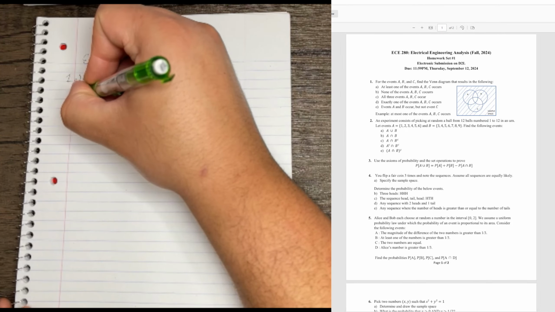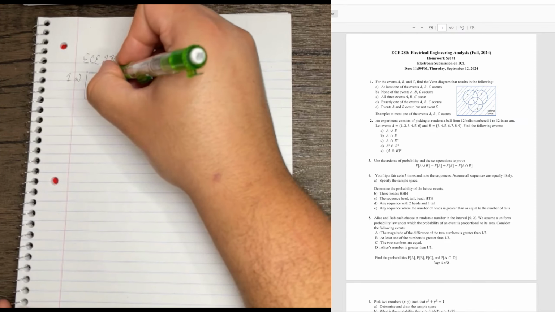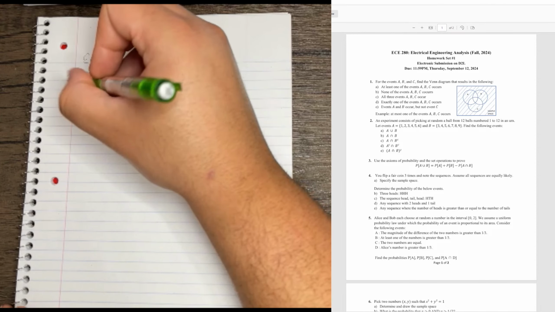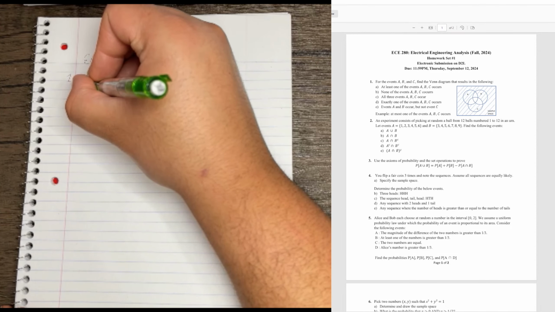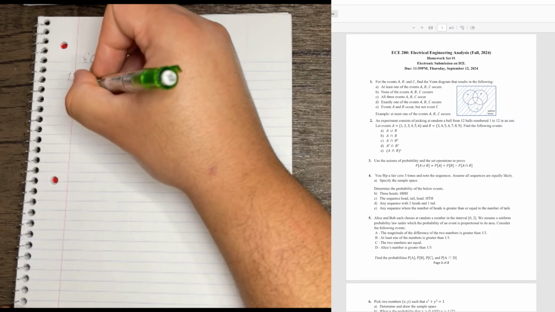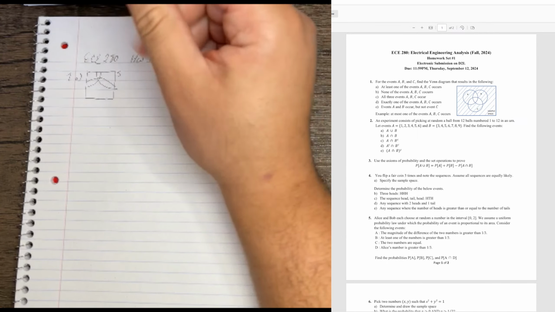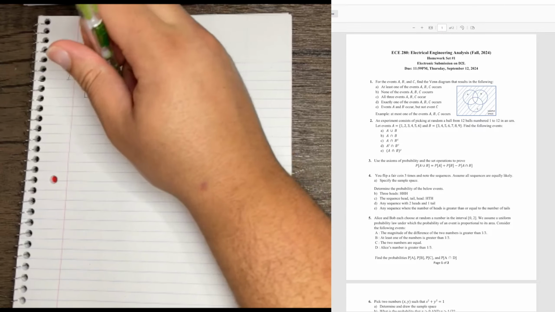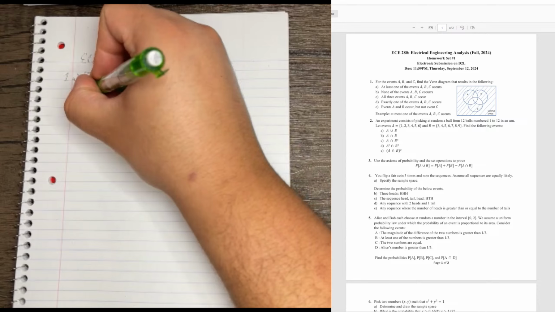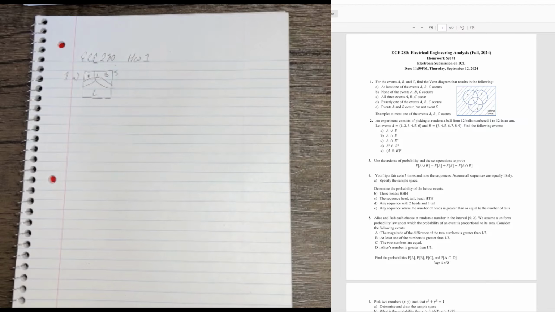So we'll start with our sample space, S. We'll set this to be A, B, and C. It's kind of not proportional, but C, A, B. And I feel like that's right.